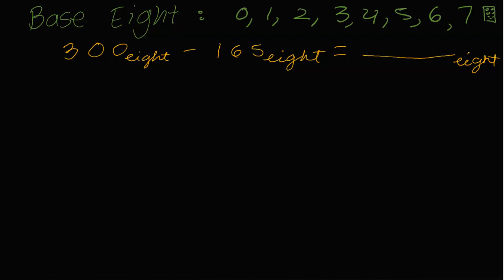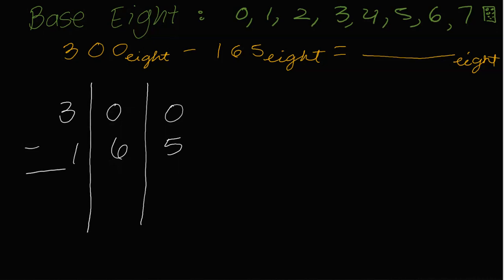Now, if you think about having to line these up vertically and subtract using the place value concept, we are going to have to really regroup all the way from the 3, right? So that is going to be a little bit harder to do than if we would implement this one trick right here.